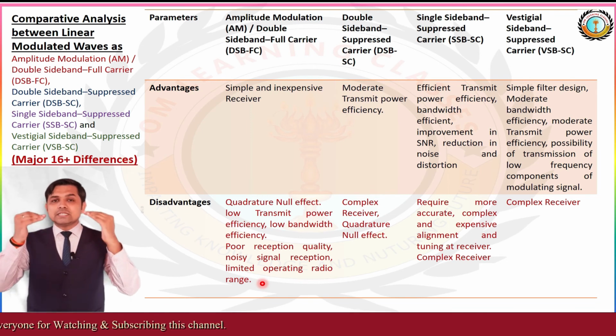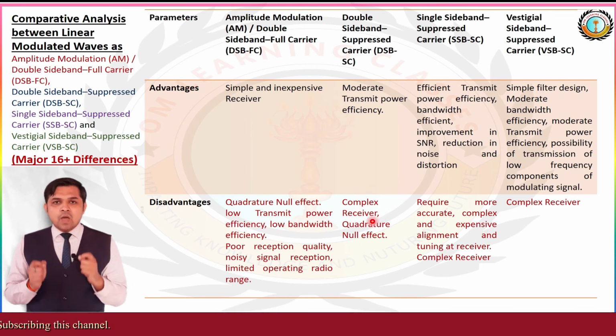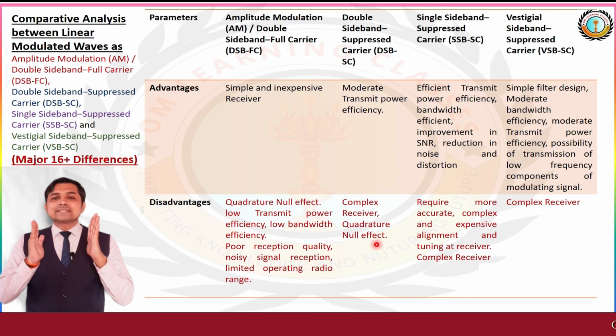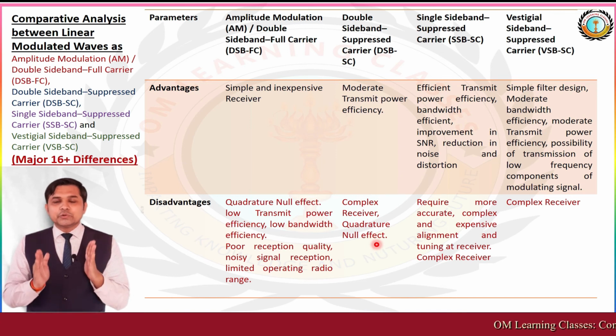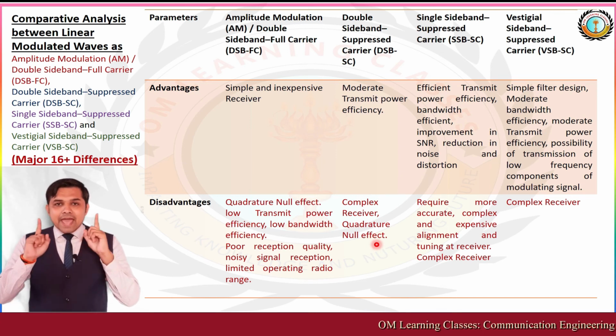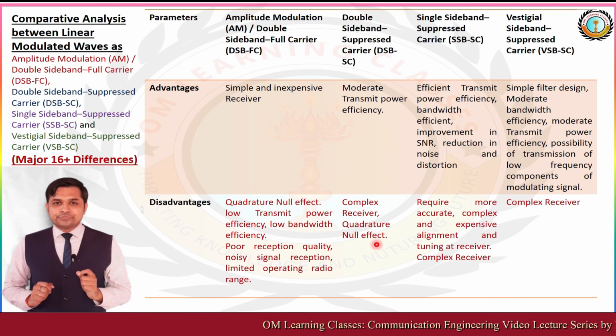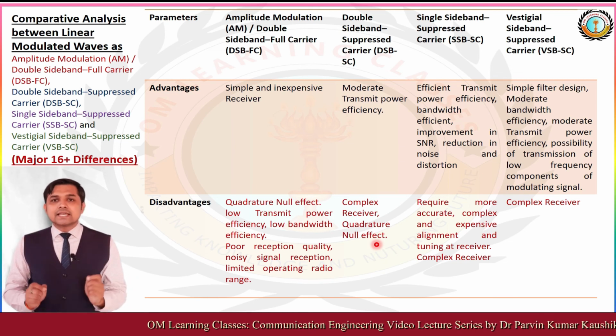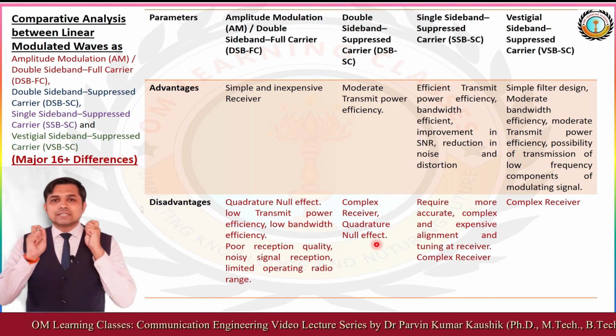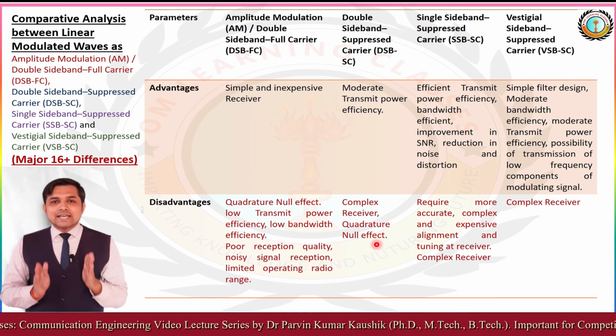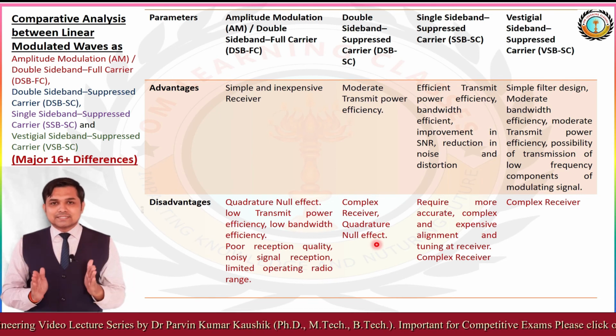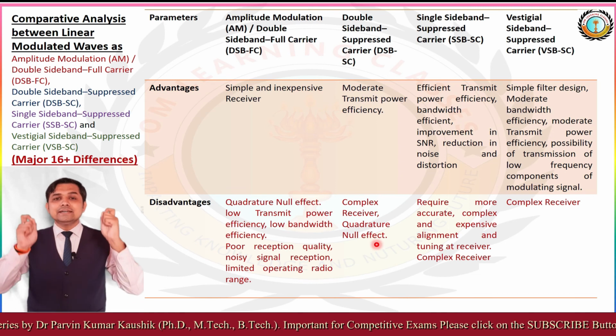And as per DSB-SC, we have a complex receiver due to the synchronous detector. And as per SSB-SC, the receiver is complex and costly due to the presence of a synchronous detector at the receiver end.